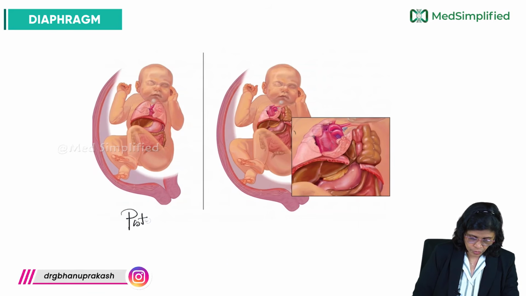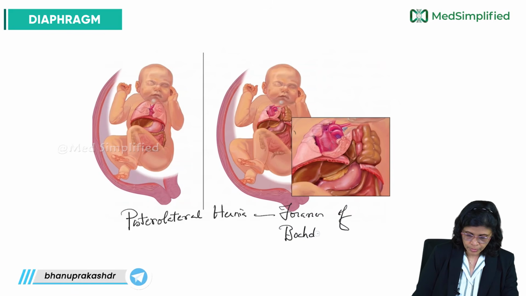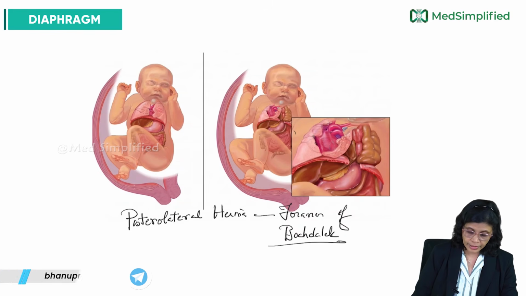This is the commonest of the congenital posterolateral hernias, which occurs through the foramen of Bochdalek. Remember, it is basically because of the non-closure of the pleuroperitoneal canal.